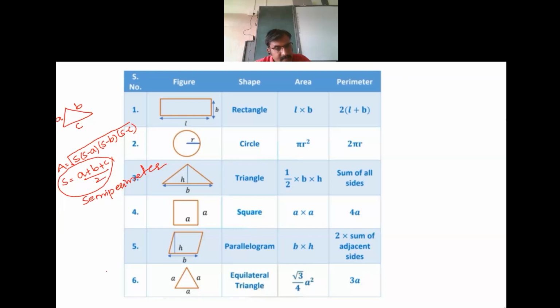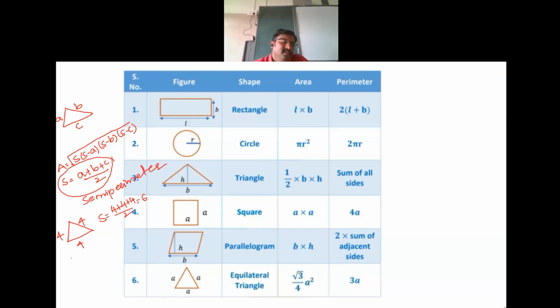Suppose I consider an equilateral triangle, for example, 4 units is the side. Here, what is the semi-perimeter? 4 plus 4 plus 4 by 2 is 12 by 2, which is 6. Correct?